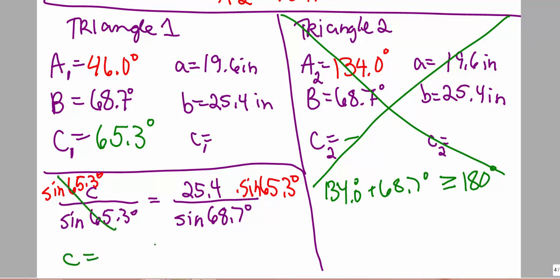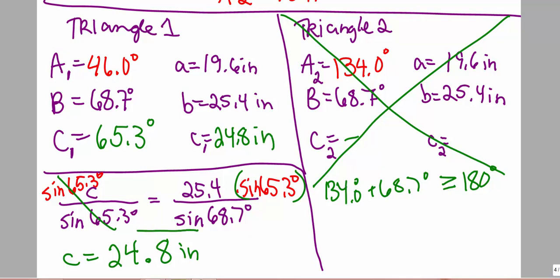And we get C is equal to, we're going to put this into our calculator, and we're going to round to the nearest tenth. So I get that C is approximately 24.8 inches. Now we know everything that we have to know for triangle 1.